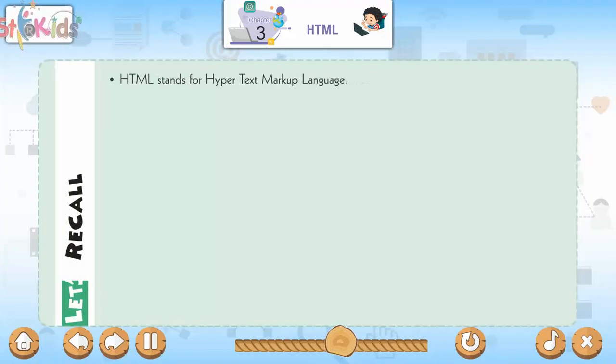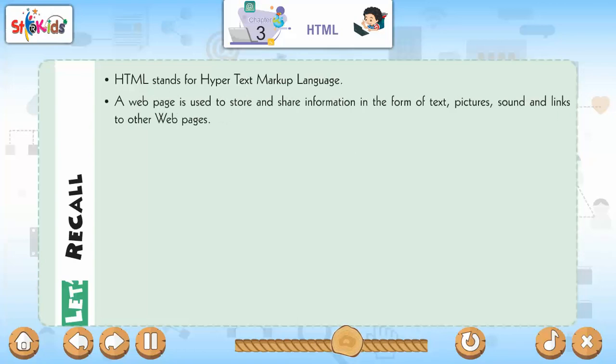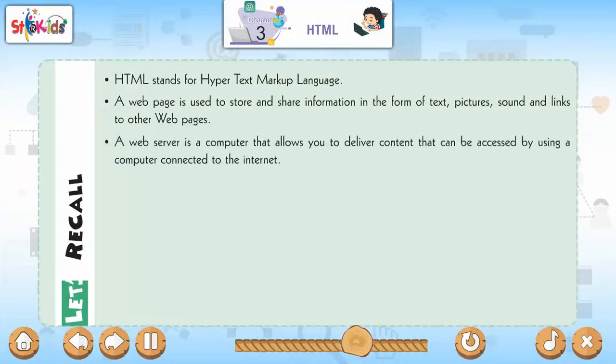Let's recall. HTML stands for Hypertext Markup Language. A web page is used to store and share information in the form of text, pictures, sound, and links to other web pages. A web server is a computer that allows you to deliver content that can be accessed by using a computer connected to the internet.